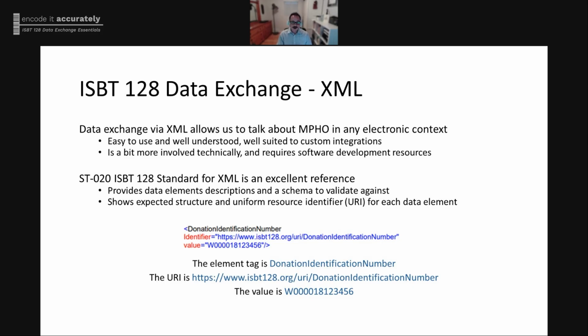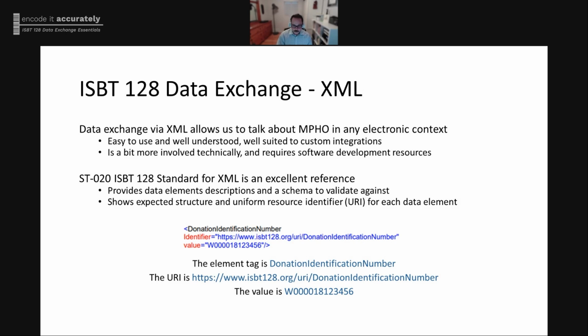When we're talking electronic exchange, we use a uniform resource locator or a unique object identifier, an OID, to identify what our data structure is. This is a little bit different than how the data structure is identified in the barcode string, but the concept is basically the same.